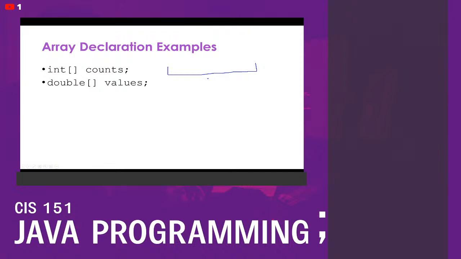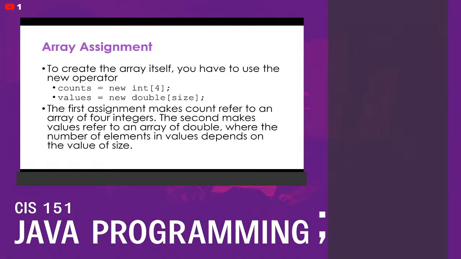But then what we need to do from here is create all of the containers that are going to go within. And so in Java, as we look to assign values to an array, we're first going to use our array operators, and that's going to look a little something like this.